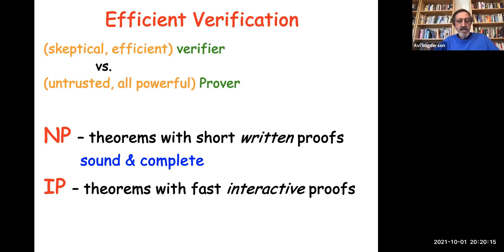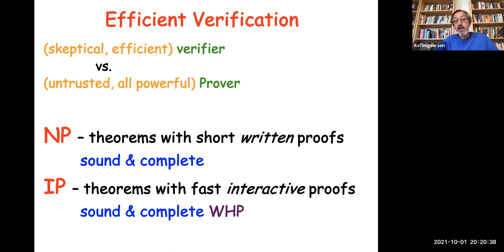And the great insight of Babai and Goldwasser, Micali, and Rackoff was an extension of this type of proof system where they let the verifier and the prover interact. Maybe the verifier asks questions and maybe tosses coins. And here you demand only that the result is sound and complete with high probability.